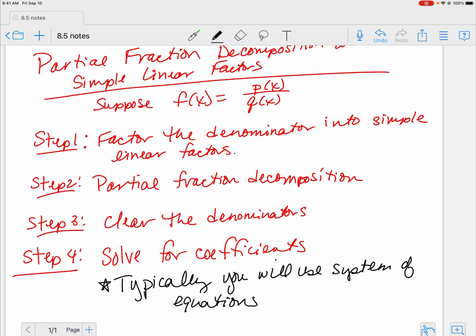So you're going to factor the denominator. So figure out what you're working with there, that q of x, that denominator. Once we figure out what we're working with here, then we're going to break that up. And then once we break that up, we're going to clear out the denominator so that we don't have to mess with those anymore. Then we're going to solve for these coefficients. And you know we're going to do plenty of examples. So let's dive in here a little bit.